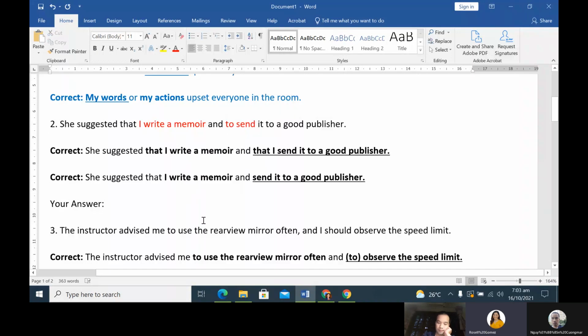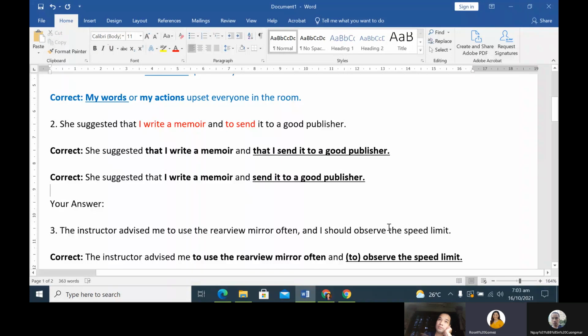But in the second sentence, you can just make it this way: I write a memoir and send it to a good publisher. The verb here is write in the base form, and the second verb, send, is still in the base form. Do you understand now how we can correct this not parallel sentence? These are the two ways.